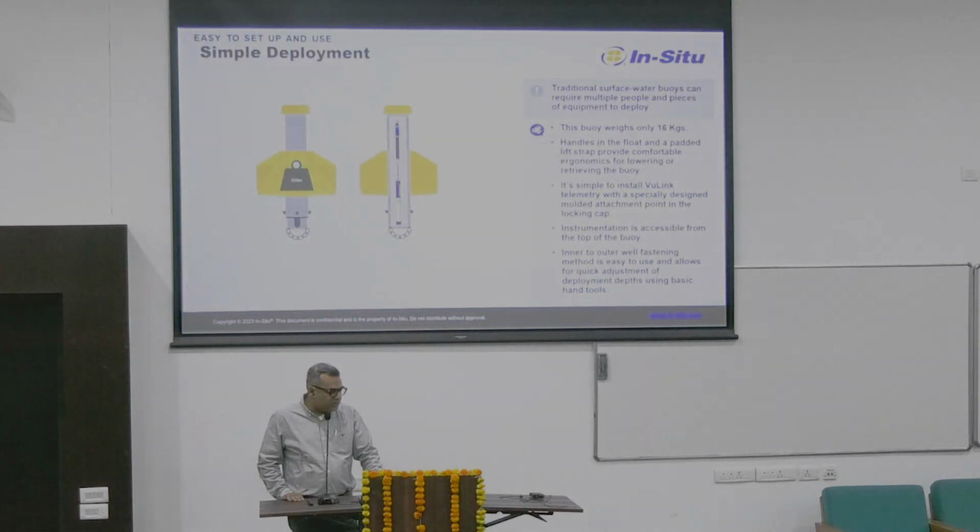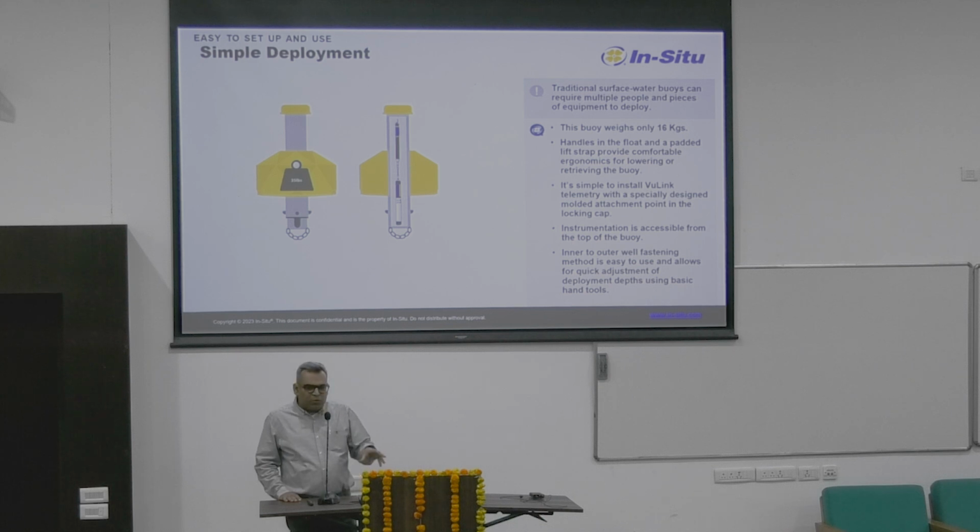Okay, no questions. So this is a rugged buoy. We have made a small buoy system where you can connect these multi-parameter instruments and deploy into a lake or river, whatever, for real-time monitoring on a long-term basis. These buoy systems are very, very small, very compact, even one man can handle.